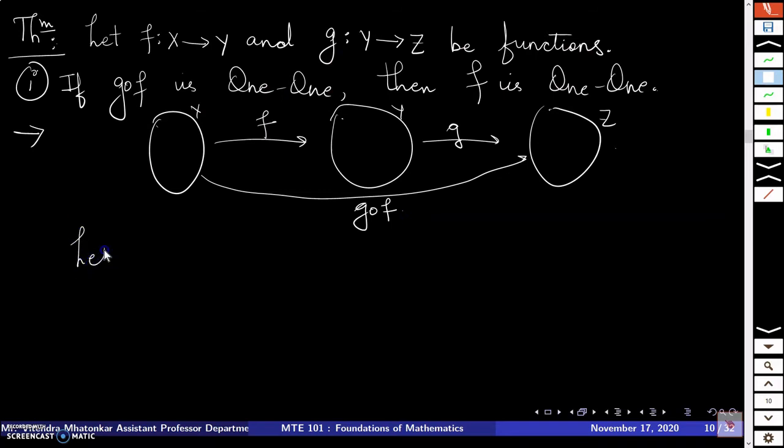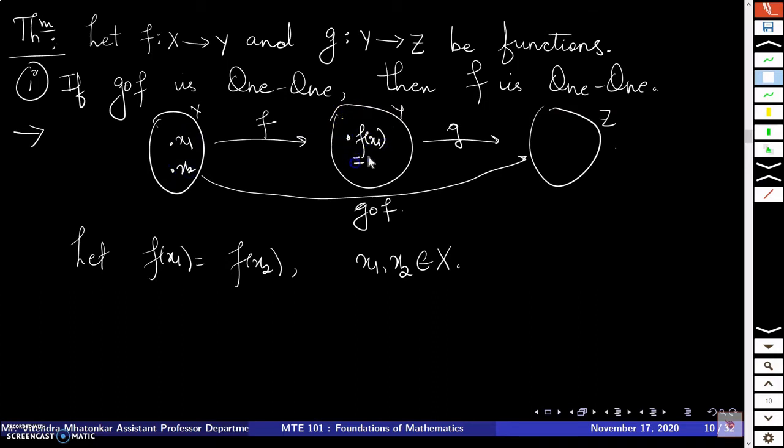Okay, so let f of x1 be equal to f of x2, where x1 and x2 are in the set X. So I will start with two points here, x1 and x2, whose images are same, such that f of x1 is same as f of x2. We need to prove that x1 is same as x2.